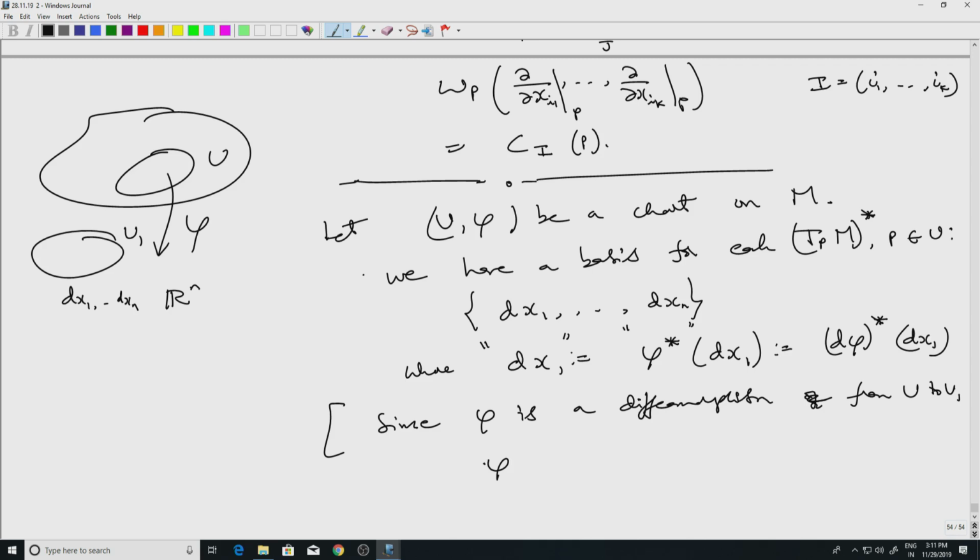Since phi is a diffeomorphism from U to U1, we know that the derivative is an isomorphism from T_p U to T_phi(p) U1.